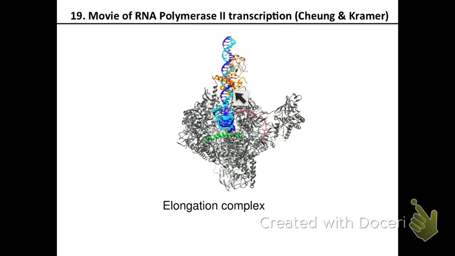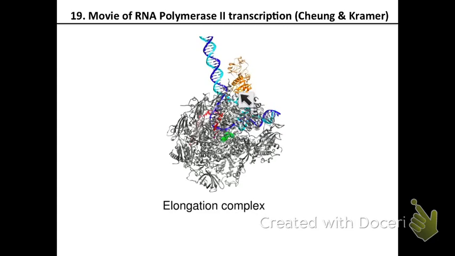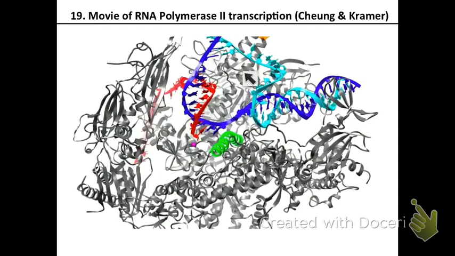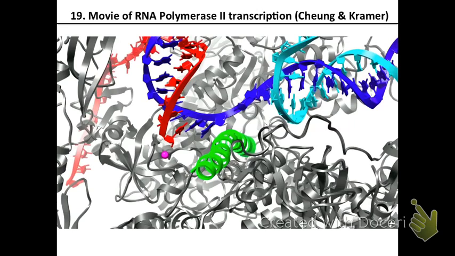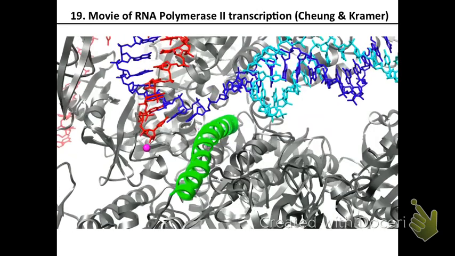These factors don't bind to the RNA polymerase at the initiation stage. They bind at the elongation stage. The reason they can't bind at the initiation stage is that their binding sites are covered with initiation factors. Now what we're doing is zooming into the catalytic site.